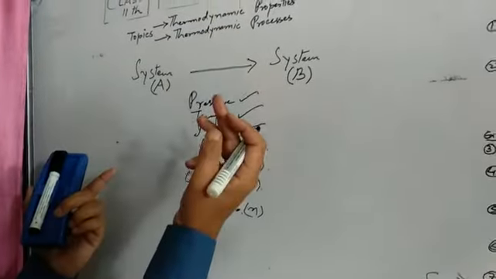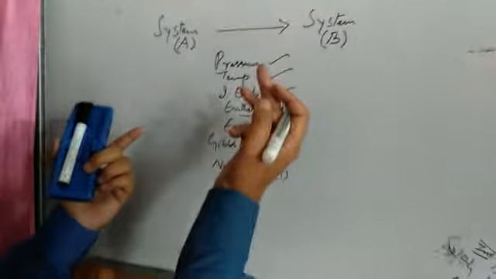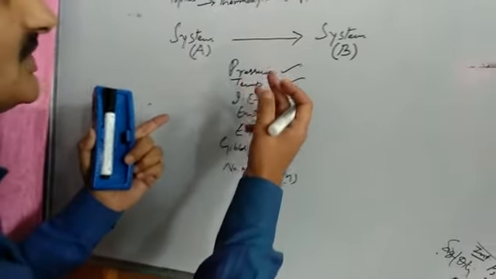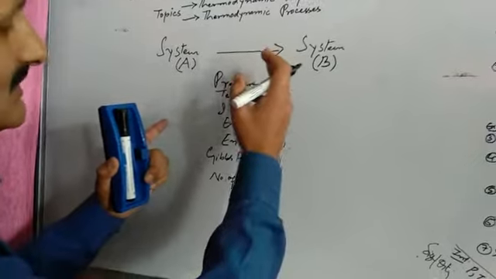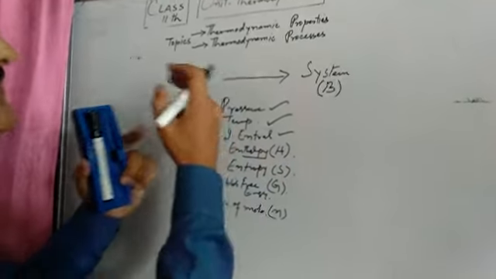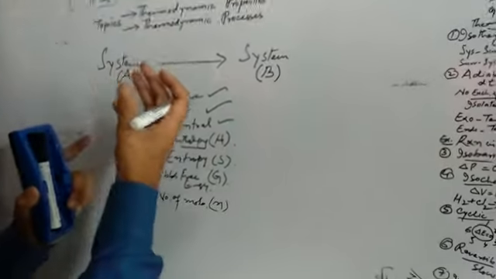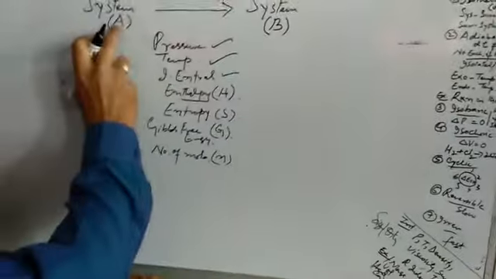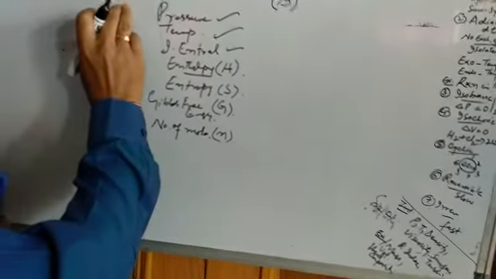Gibbs free energy means that energy of the system that is available for doing useful work. Then there may be change in the number of moles, and entropy also. Entropy means disorder in the system. For example, in this system the disorder is less, and when it changes to system B it may be more or less than the first one.